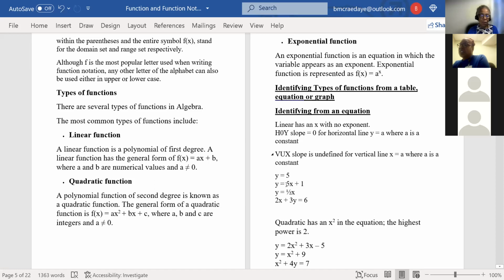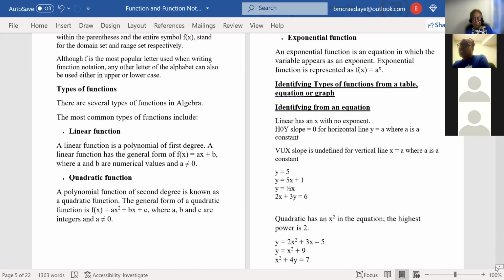So all of these are examples of linear equations. 2x plus 3y is 6. Notice you don't see any powers here other than 1, because you don't have to put x to the 1. That's the default. All right. But if you have an x squared, your highest power is 2. That's a quadratic.